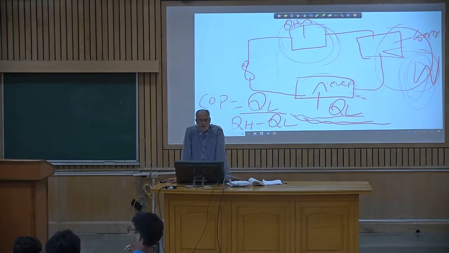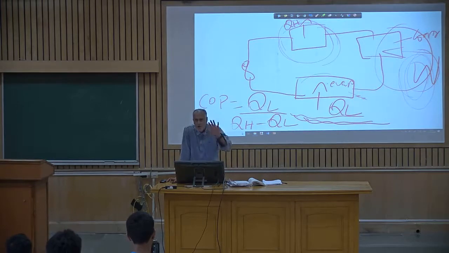Between what and what? Then if you have that, if the gradient decreases, then the process will come to a halt. That's the whole point. If you don't do work and you don't give a gradient of QH, process will come to a halt.